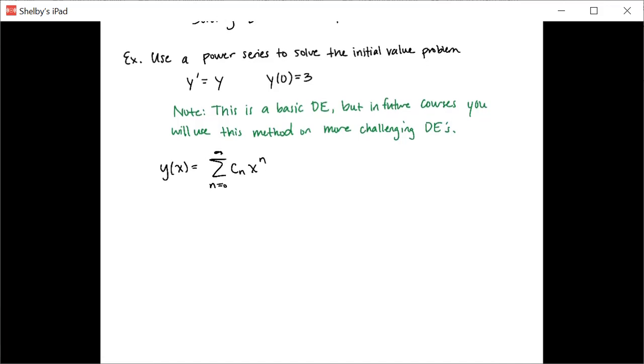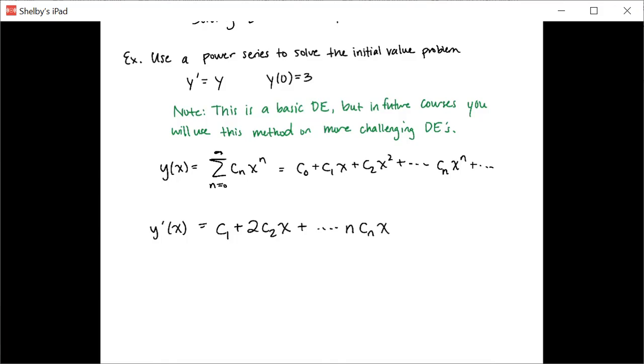So then the derivative y prime of x is going to be c1 plus 2c2x plus, and so on, n times cn, x to the n minus 1.